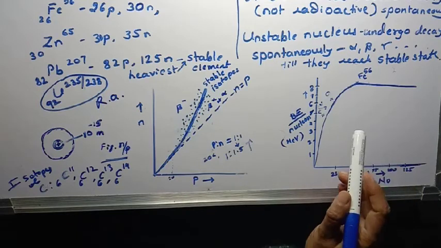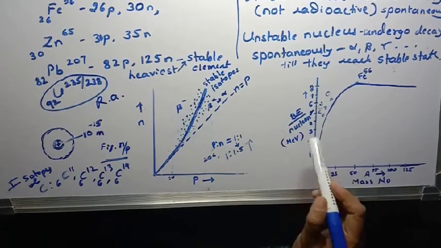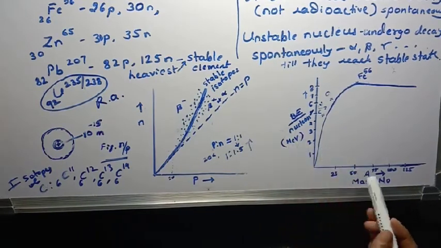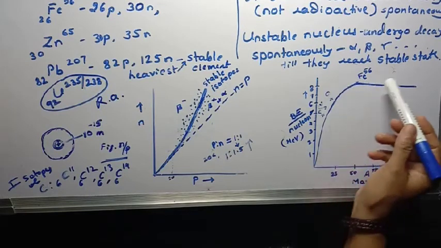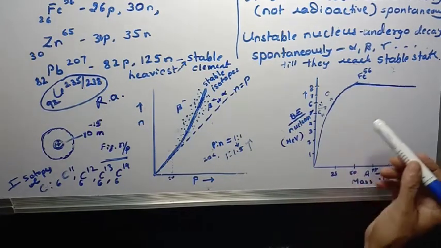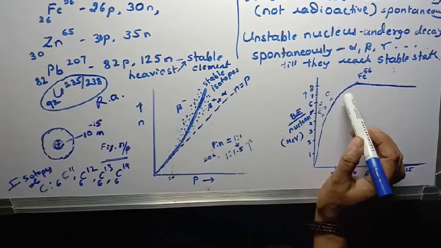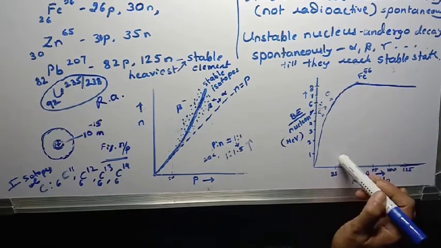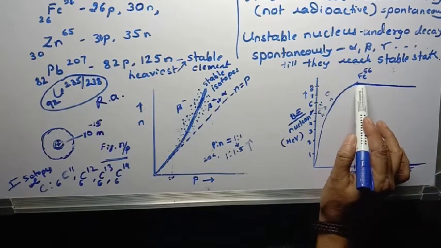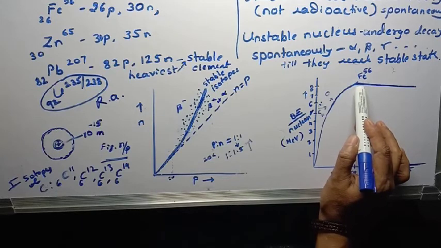When you draw the graph of binding energy per nucleon versus mass number, there is an increase in stability as the mass number increases, and it reaches the highest at iron 56.